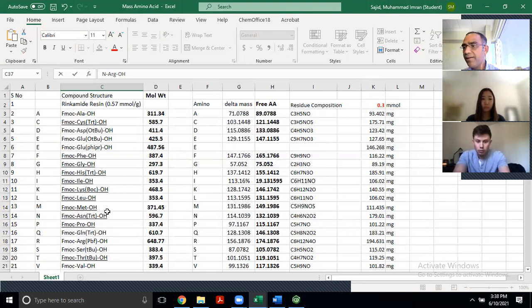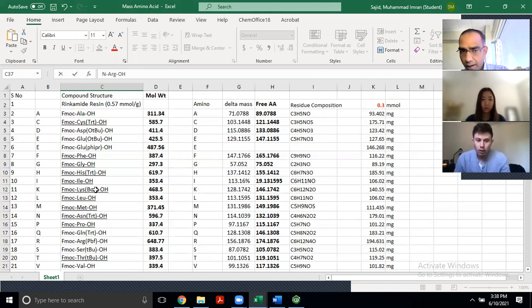What is the difference between the alpha amino protecting group and the side chain protecting group? It's a different amino group that is getting protected. And the carboxylic group is always free.